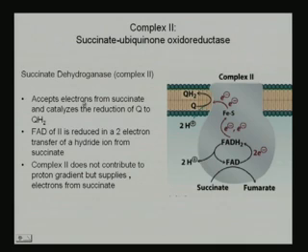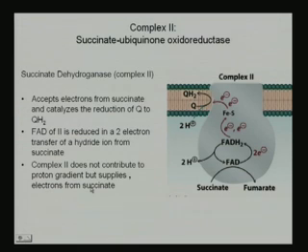It accepts the electron from succinate and catalyzes the reduction of Q, that is ubiquinone, to QH2. FAD of complex 2 is reduced in a 2 electron transfer of a hydride ion from succinate. Complex 2 does not contribute to the proton gradient, but supplies electrons from succinate.